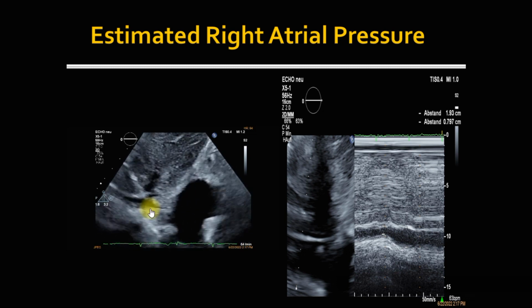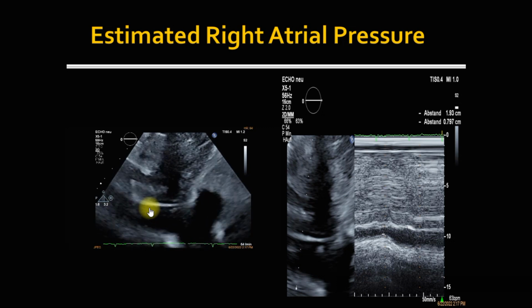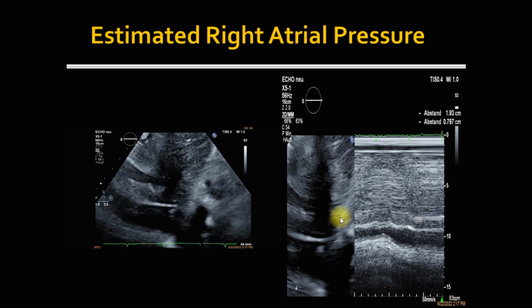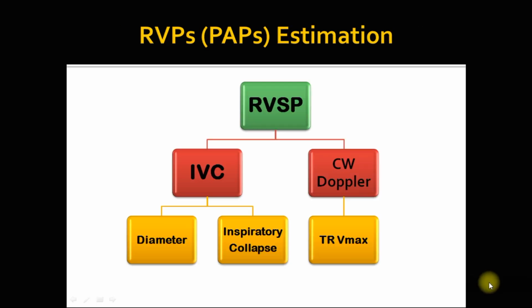When we measure the diameter of the inferior vena cava, and when we see whether the inferior vena cava collapses with inspiration, we can estimate approximately how high the right atrial pressure is. I will explain this in further detail in the next slides.